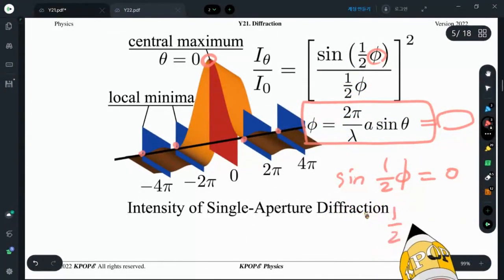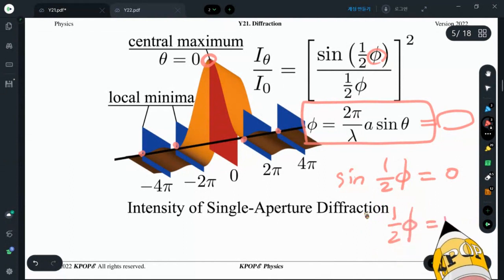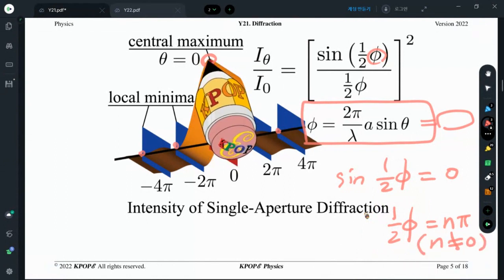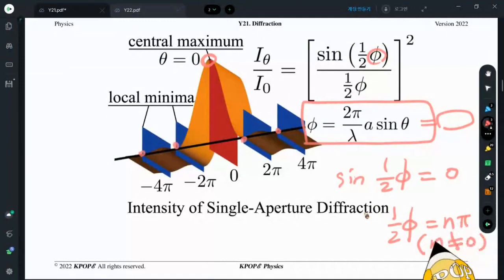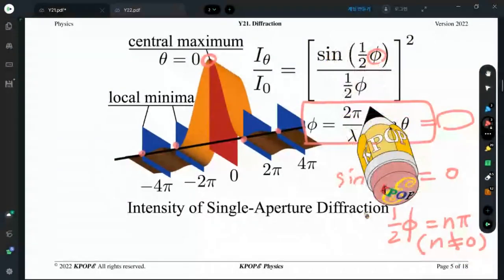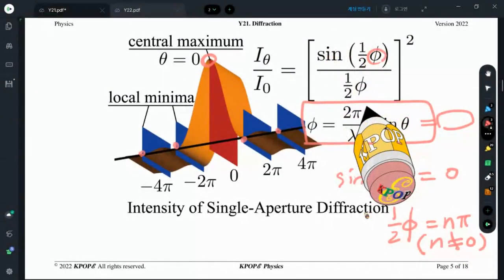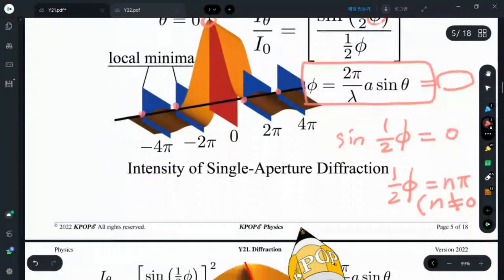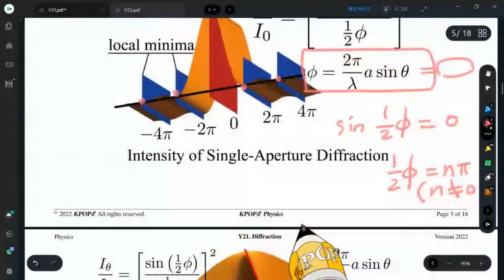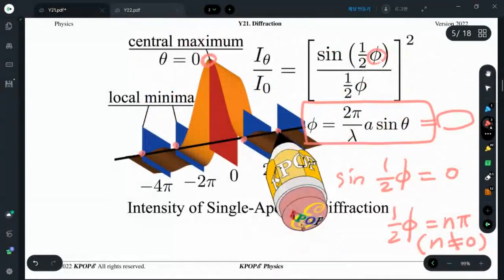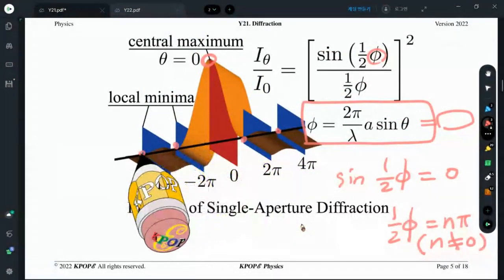That means 1/2 of phi equals n pi, where n is not equal to 0, because we know when n equals 0, this whole value approaches 1 instead of 0. So this is a method to find out the place where minimum point appears.